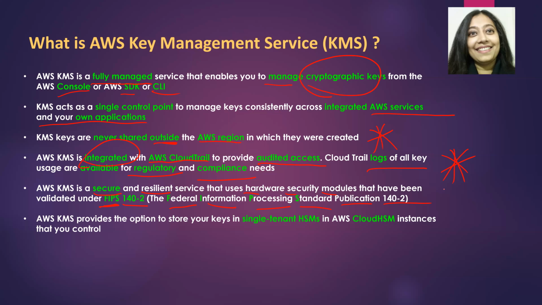Basically, you can just go online and Google this, but essentially FIPS is a US government computer society standard that approves cryptographic modules. For example, KMS is a cryptographic module that manages cryptographic keys. So that's why this particular standard becomes very important.